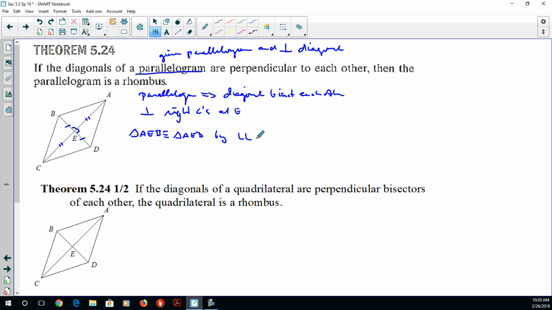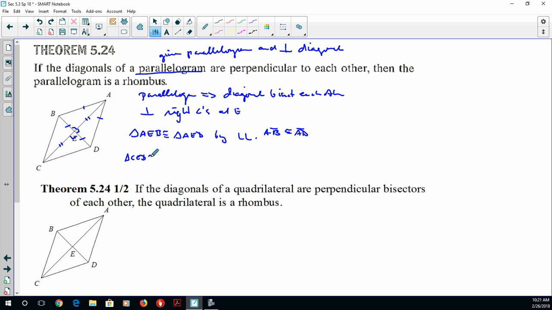Look at the triangle over here as well. Triangles CED and AED have to be congruent, again by leg to leg.